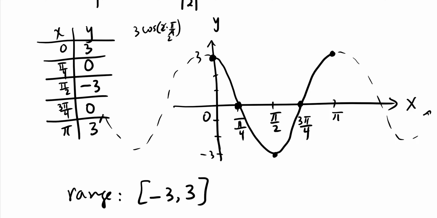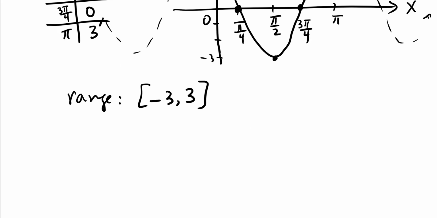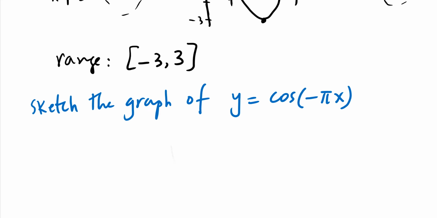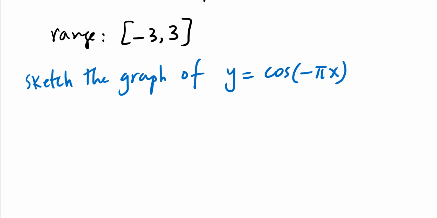What about if we change the function and sketch the graph of y equals cosine -pi x? How to graph this? First thing, I'm gonna start with the period here.